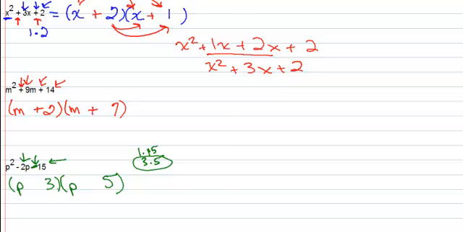And then we look at the first sign, and the first sign tells us whatever the bigger product is has to be negative. So how do we find the bigger product? We multiply these guys together.